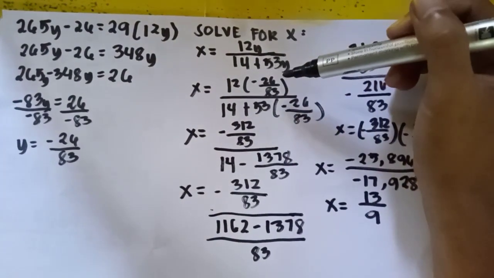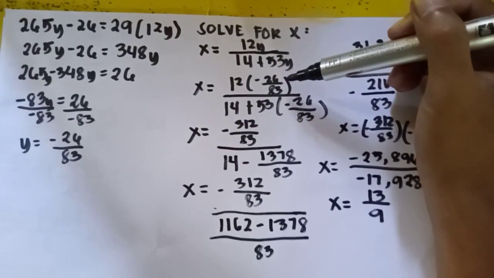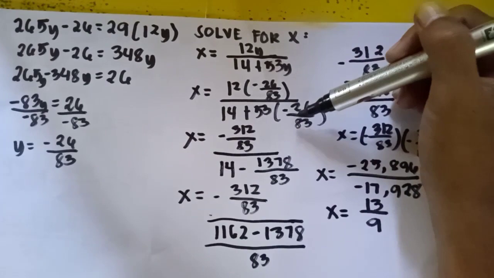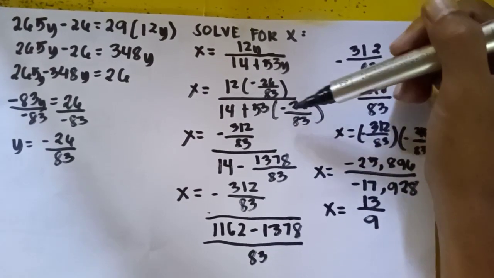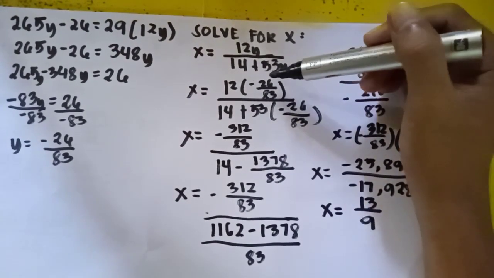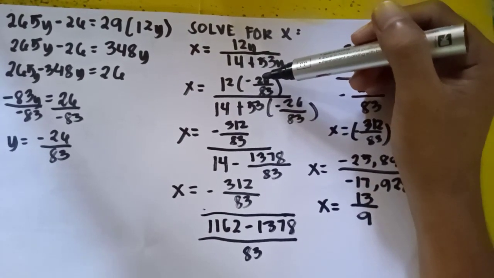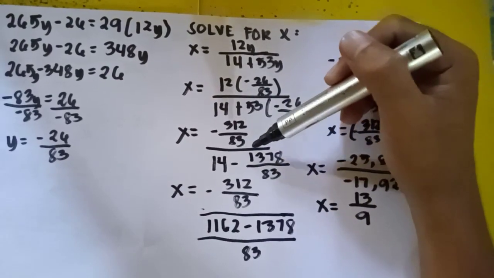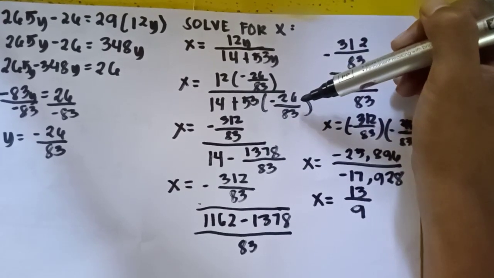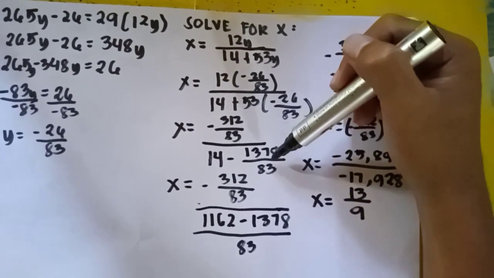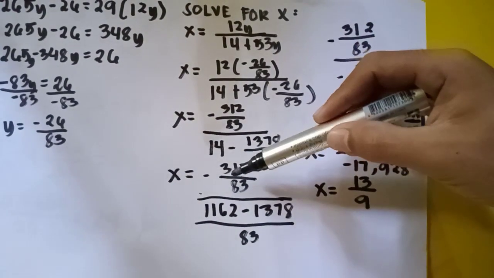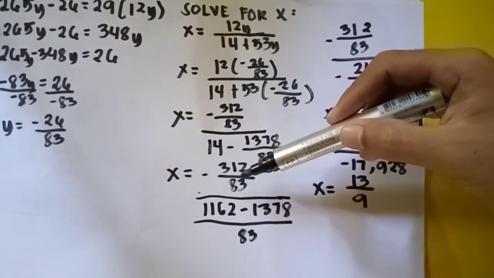So it will be 12 times negative 26 over 83 over 14 plus 53 times negative 26 over 83. 12 times negative 26 is negative 312 over 83, and then copy 14. 53 times negative 26 is negative 1378, then over 83.